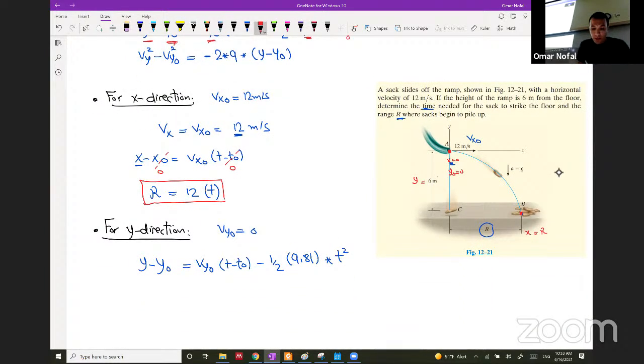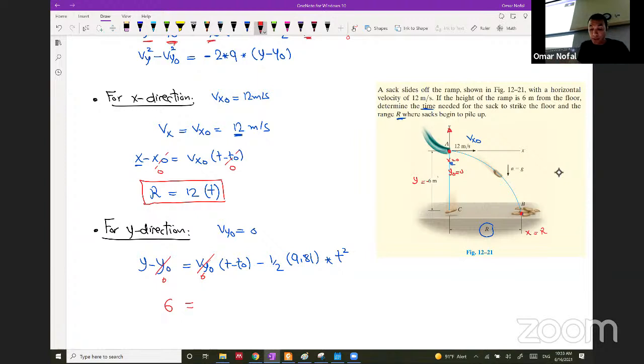Here Y node is 0, Vy node is 0, because all the velocity component is in the X direction. Here it's not 6, because the Y direction positive is up and this should be negative.